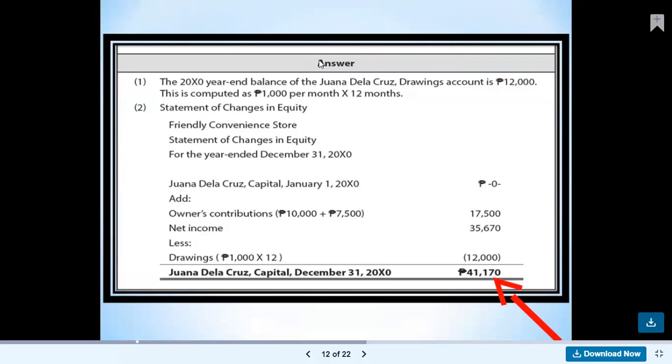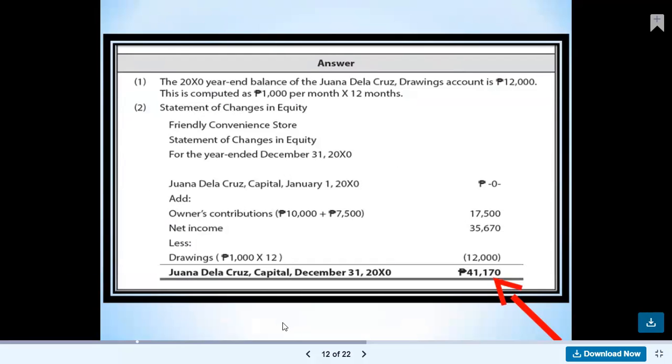And second, you are going to prepare the statement of changes in equity for the sole proprietorship.